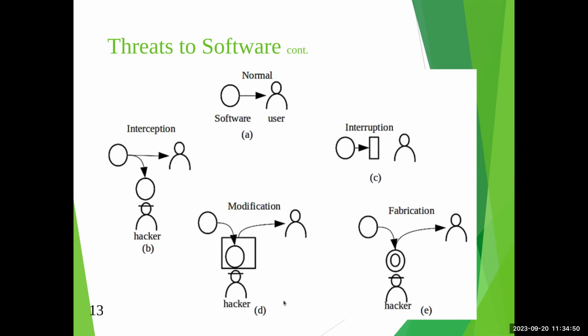D is modification. The user can see the software, but not the real software. It is modified by the hacker or unwanted person.